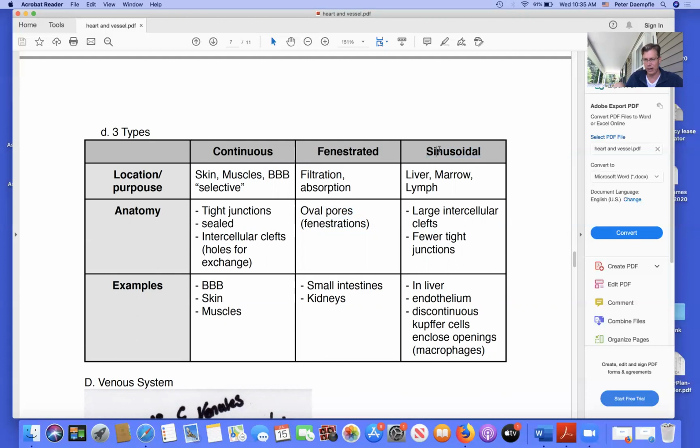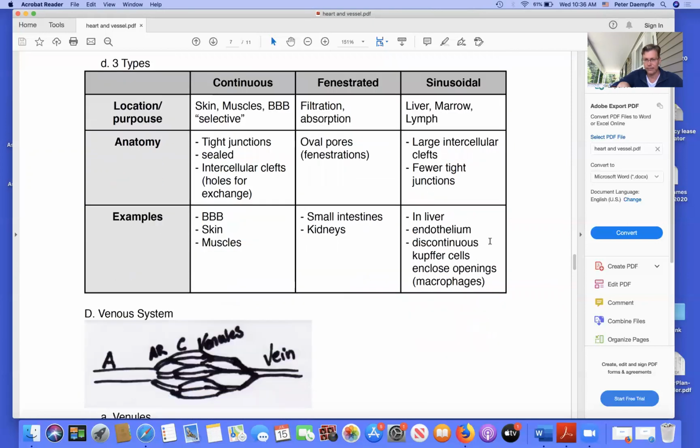Sinusoidal means big open areas. A sinus is an open area, as you know from A&P1. The liver, the bone marrow, and the lymph have to have a lot of exchange. So in areas where there's a lot of exchange, the endothelium have big, large intercellular clefts. Very few tight junctions. In other words, large sinuses or open areas through which exchange can happen. And that is going to be your sinusoidal capillaries.